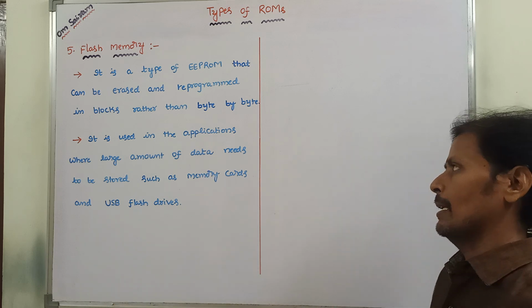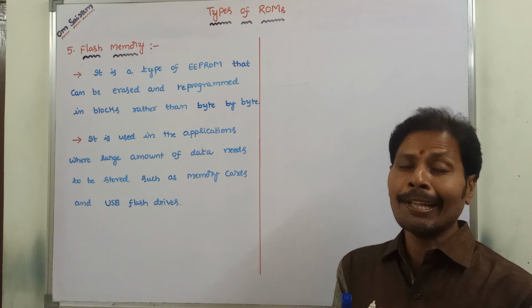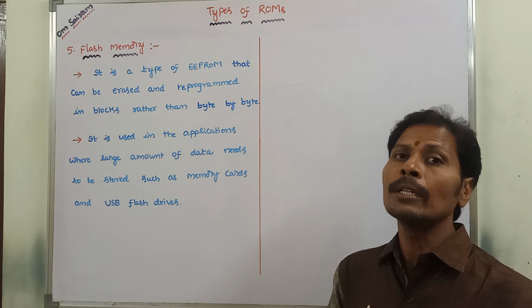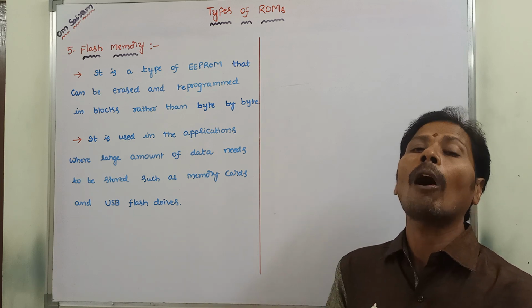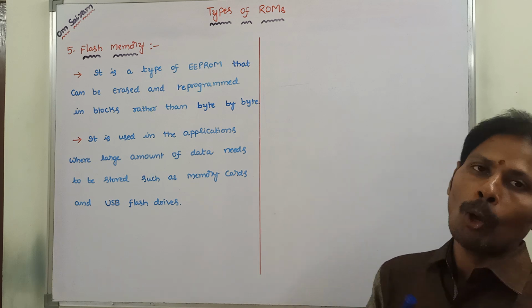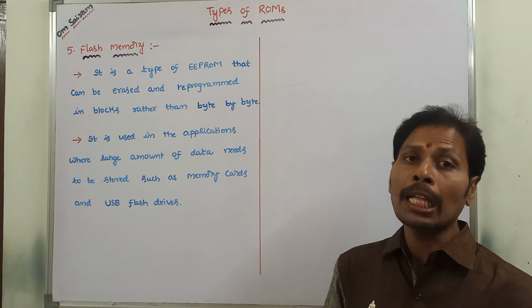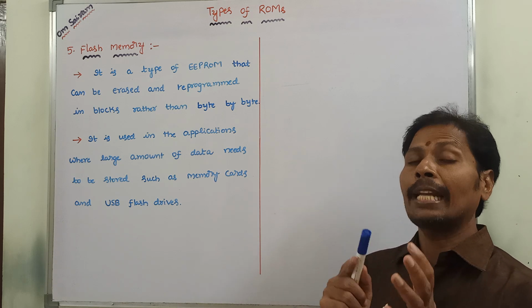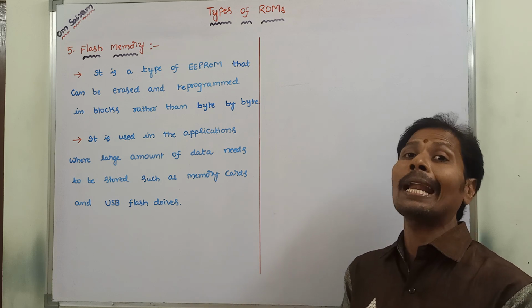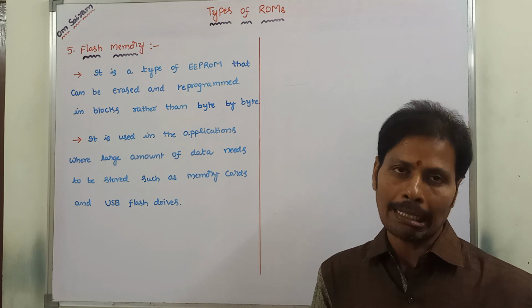Next, by considering the EPROM, the data can be arranged and reprogrammed with the help of ultraviolet light in the case of the EPROM chip. Next, by considering the EEPROM chip, the data can be arranged and reprogrammed electrically without using ultraviolet light.